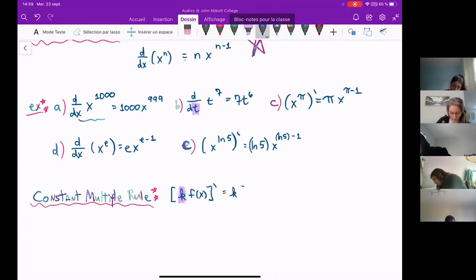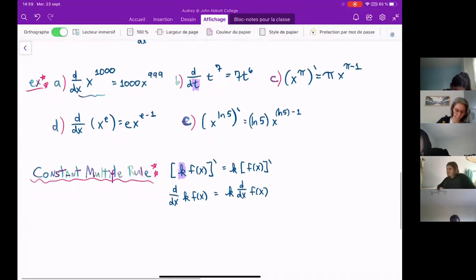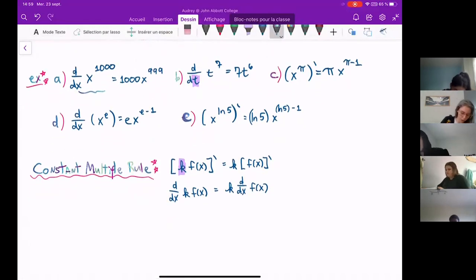In other words, I can stick that constant on the outside or have it on the inside. And we'll just see one quick example of this before we look at the next rule.